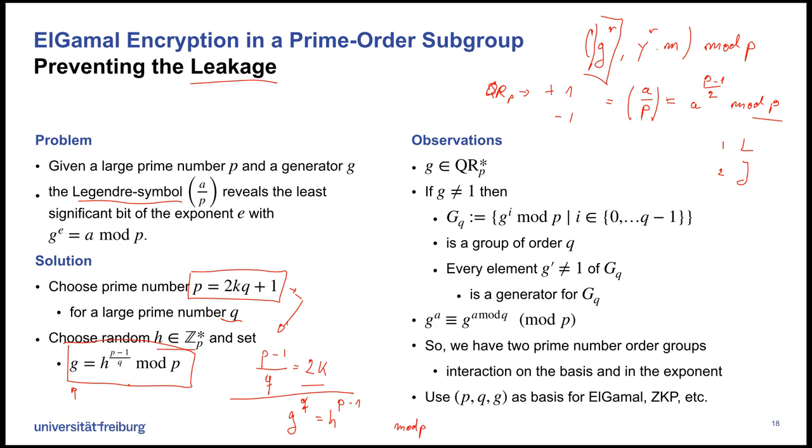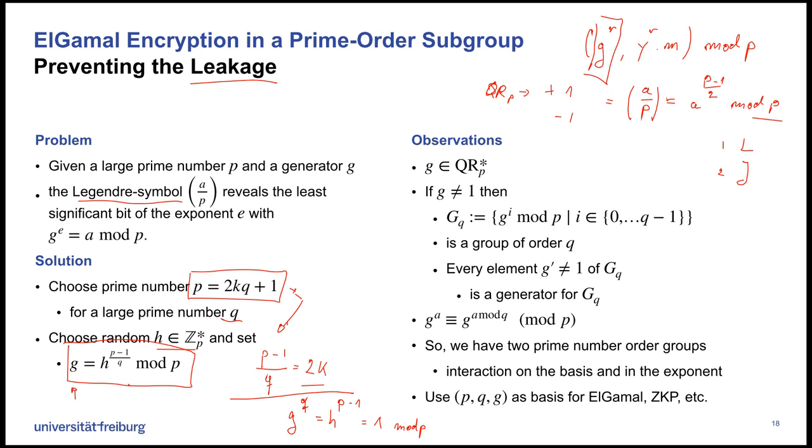So what do we get? h to the power of p minus 1 is 1. So that means we have a number g which repeats after q rounds. And what else do we have? q is a prime number. So basically, if you have g to the 2, it also to the power of q will be 1.